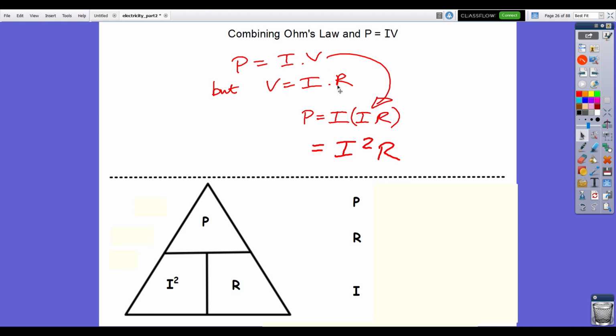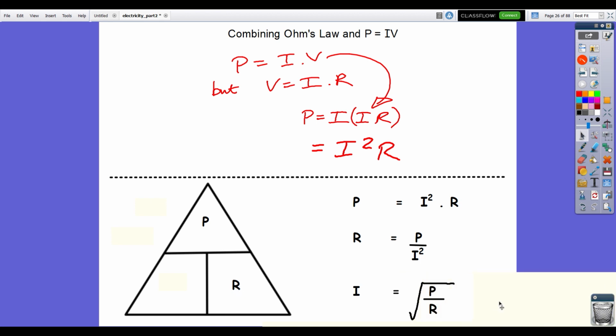So we know that P equals I squared R. If we cover R, we know that R equals P over I squared. Slightly more tricky one, I squared equals P over R. So I equals the square root of P over R.